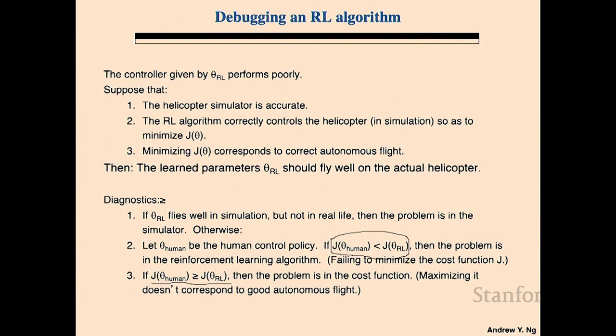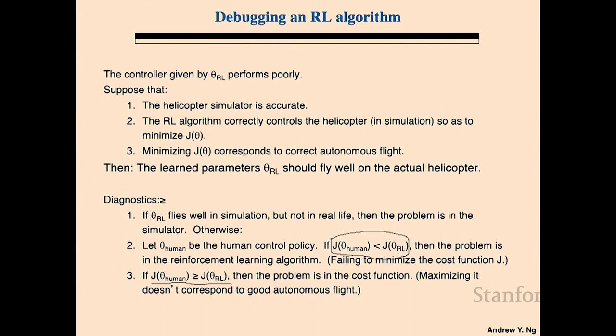So through this set of diagnostics, you could decide which one of these three things, improving the simulator, improving the reinforcement learning algorithm, or improving the cost function, is the thing you should work on.